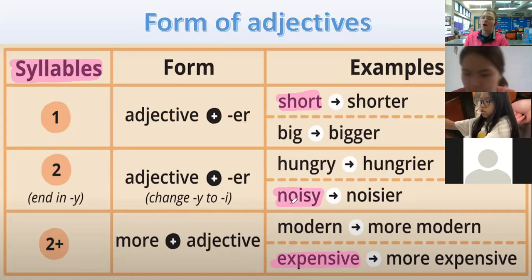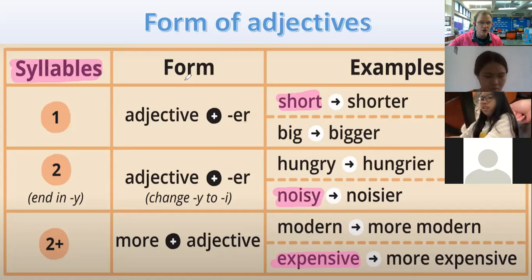And the last one, expensive, has three syllables. So that's how we need to think about these words when we want to use the proper form.